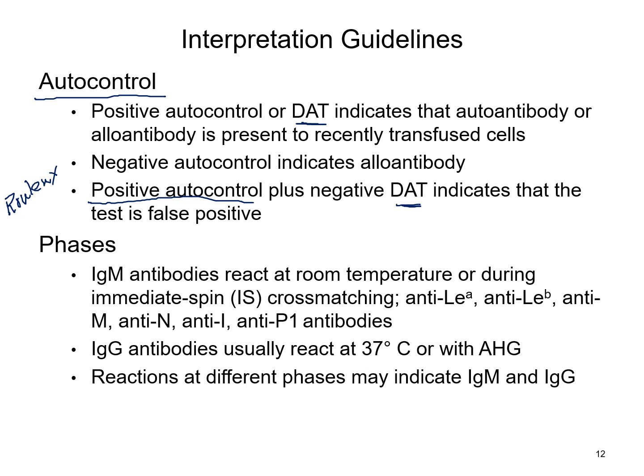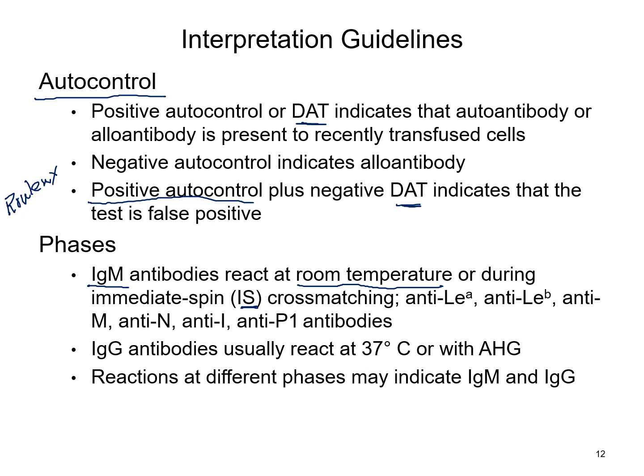So your phases, when you're interpreting these, you want to pay attention to what phase of reactivity you're actually seeing those positive reactions. If you're seeing them at immediate spin, then you know you're dealing with something that reacts at room temperature. And of course, these are your IgM antibodies. This means you're looking for things like Lewis, your M and your N, your I and your P1 antibodies.